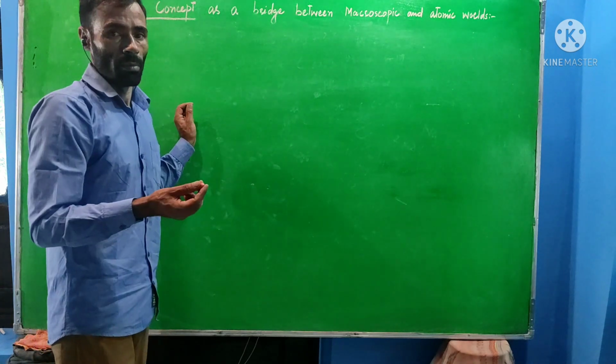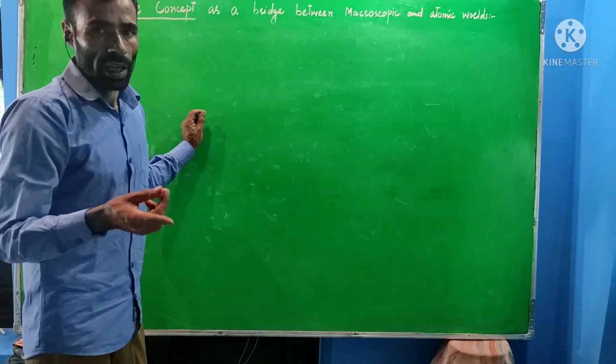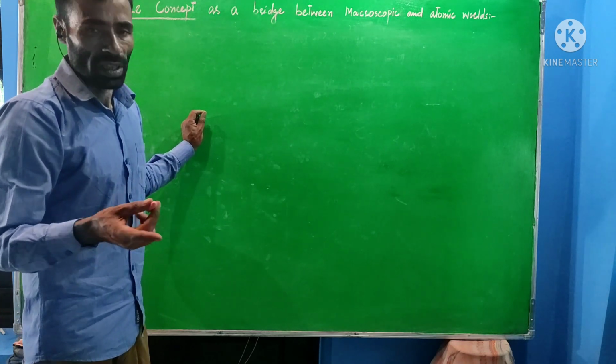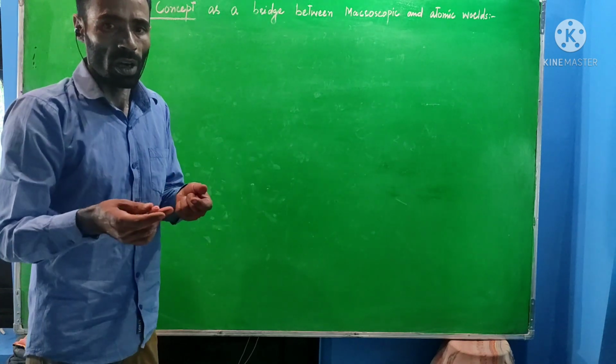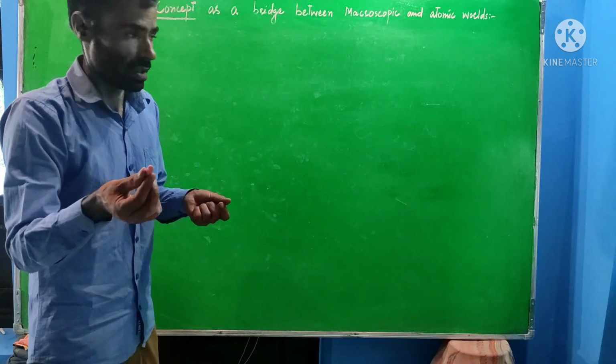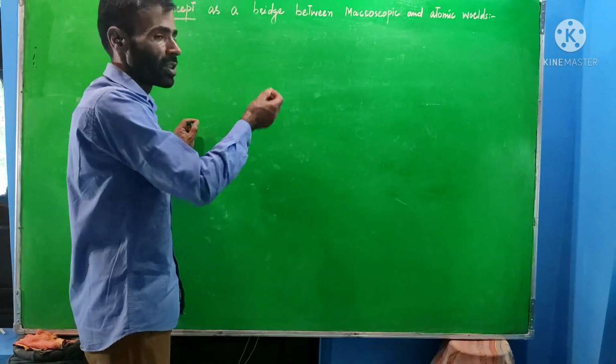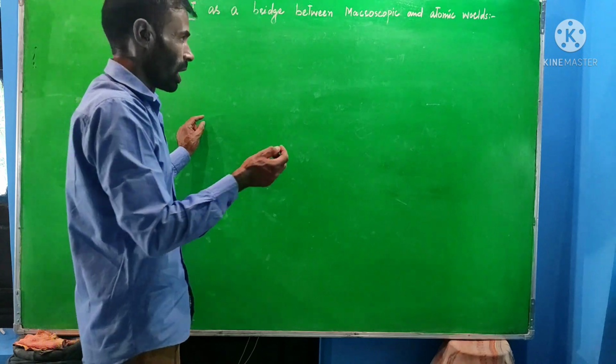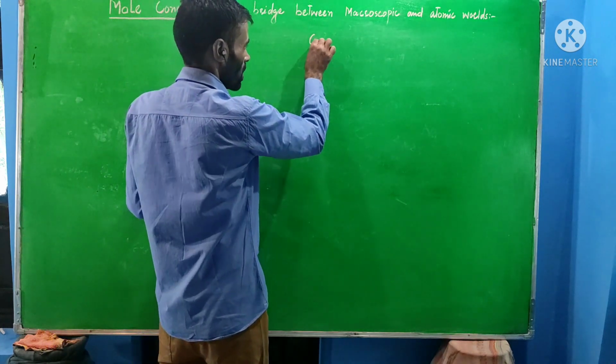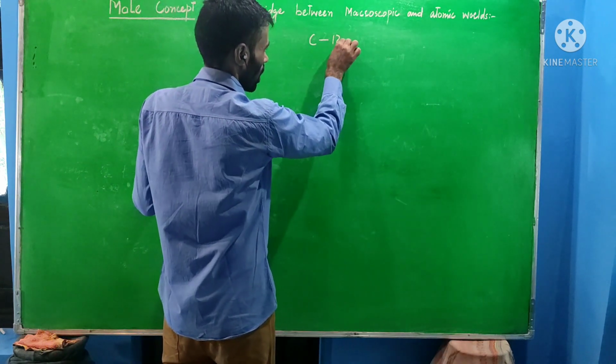In case of calculating molar mass, molecular mass or atomic mass of any substance, we use a reference. You know already that in every kind of physical measurement, we first of all must have a reference. Similarly, in case of determining atomic masses, we have a reference. That reference is carbon 12.